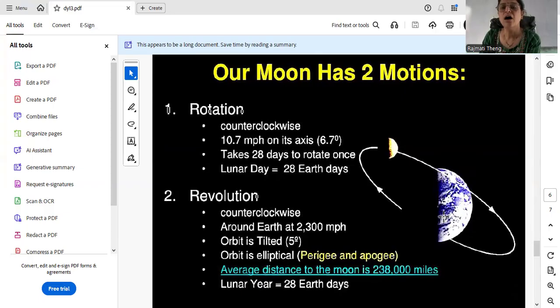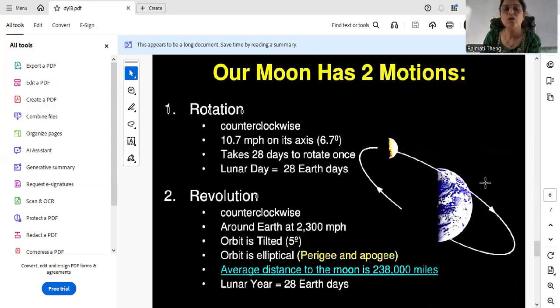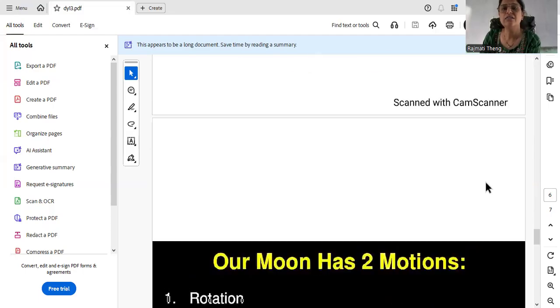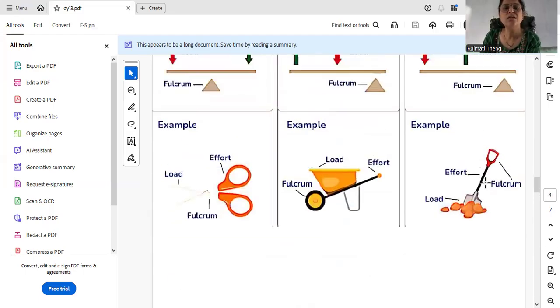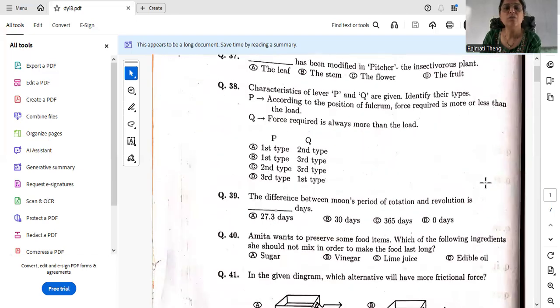The moon revolves around the earth, and the duration is 28 days. So the rotation and revolution days are the same, so the difference between them is 0. So question number 39, the correct option is D, 0 days.